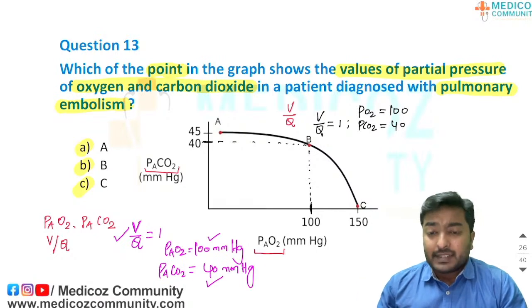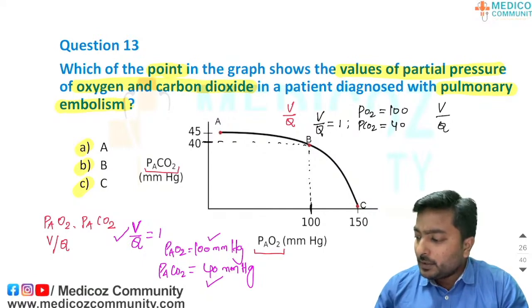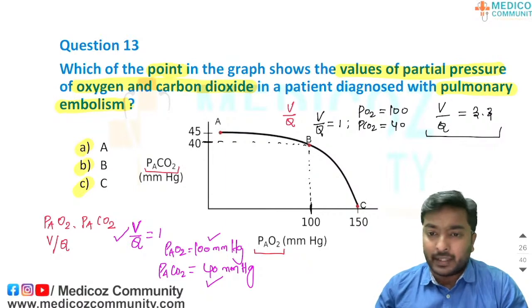Imagine, for example, that the V by Q ratio is not equal to 1 in all parts of the lung, right? The V by Q ratio will be around 3.3 in your apex. It means that the ventilation in the apical part of the lungs is very high compared to the perfusion going to the apical regions.